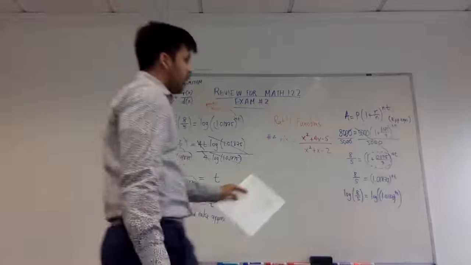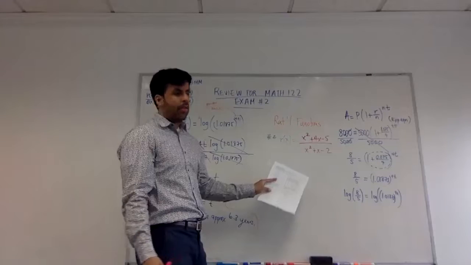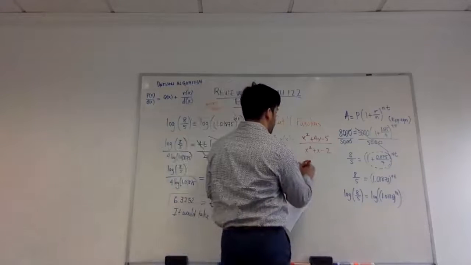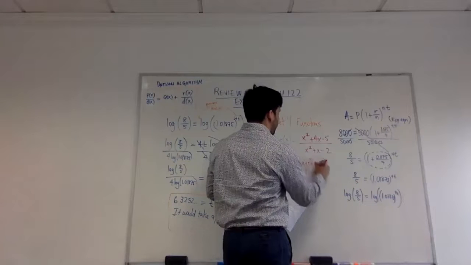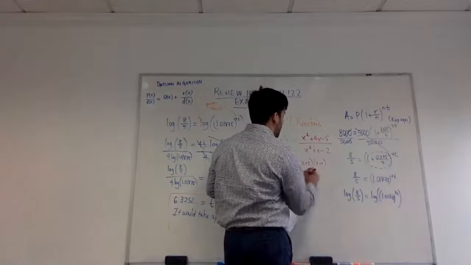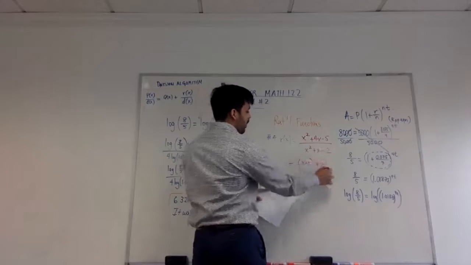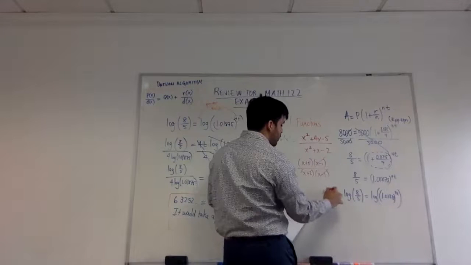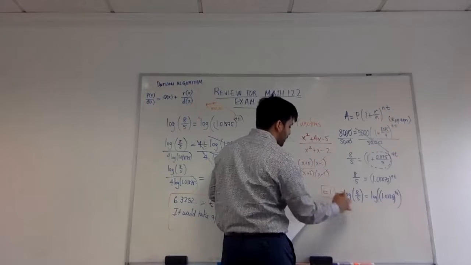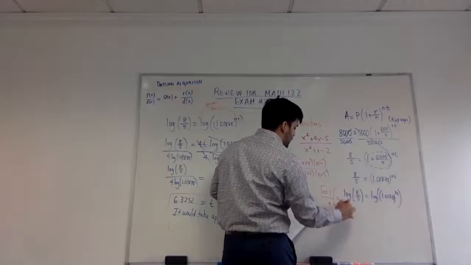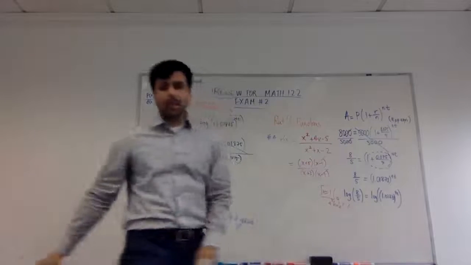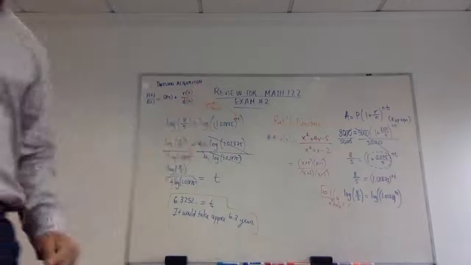So what you did was, let me see if there's anything in common with the factors, so you factored it. x plus 5, x minus 1 over x plus 2, x minus 1. Yeah, you're right. So then these cancel. So that means that x equals positive 1 is a hole. That's right.